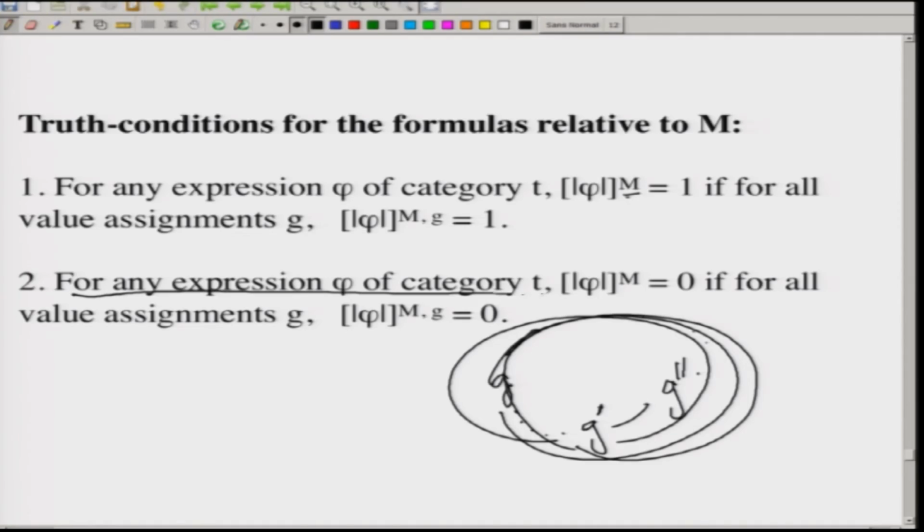If you can refer to the old classes, you can understand this better, and then this is for 0. Now, we will go to the next language in the next class.